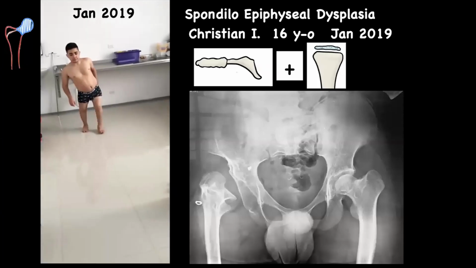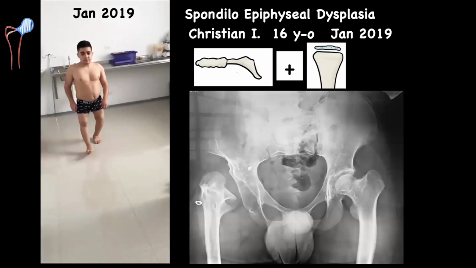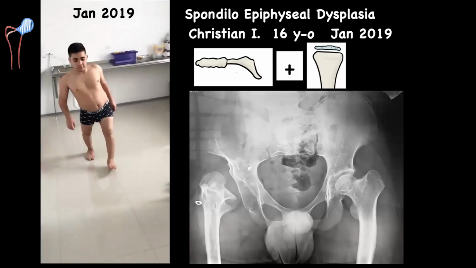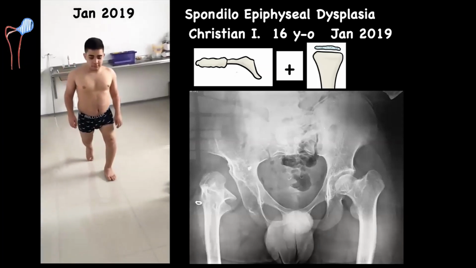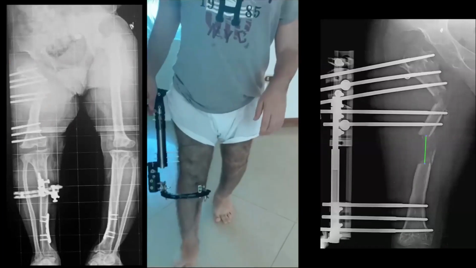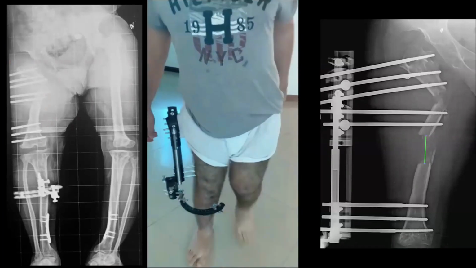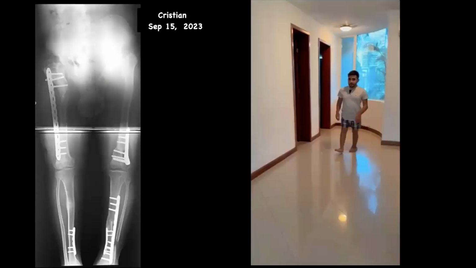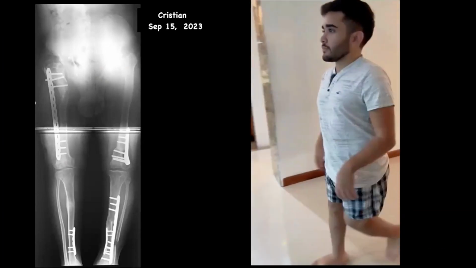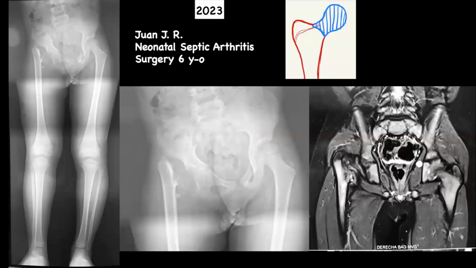This is an example of a 16-year-old patient with a spondyloepiphyseal dysplasia and complete loss of the neck and the head. We did a pelvic support with a monolateral fixator, and we extended it to the knee because the knee was unstable. And this is some years later, the patient walking, almost normal. Here is another example, a 6-year-old with neonatal septic arthritis.